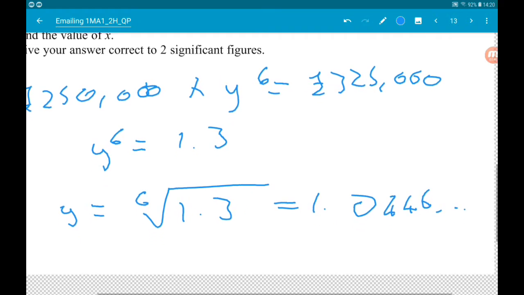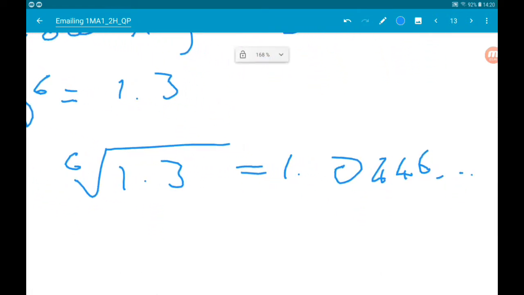Now then, the part that increases is whatever's after the decimal point. So, this bit. So, to turn that into a percentage, we multiply it by 100.